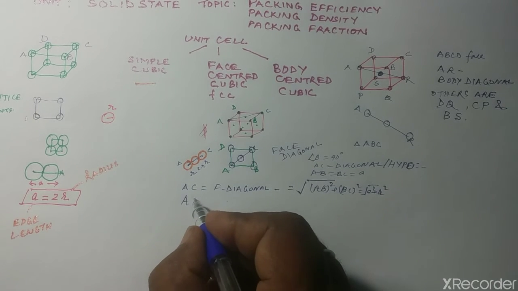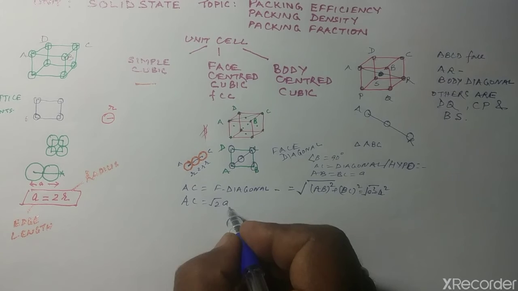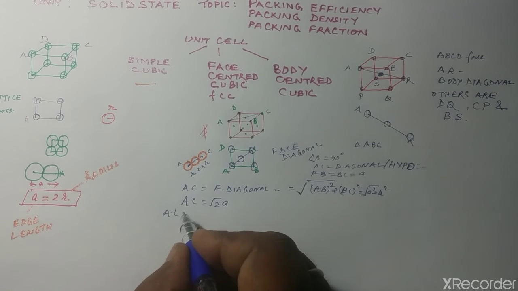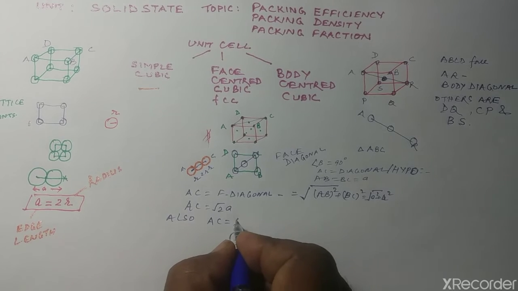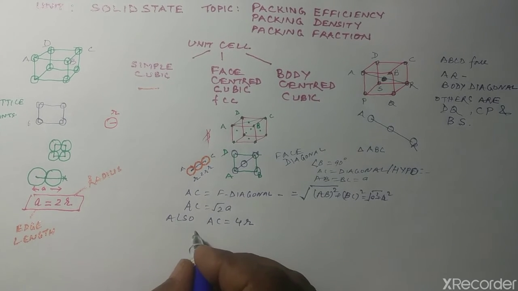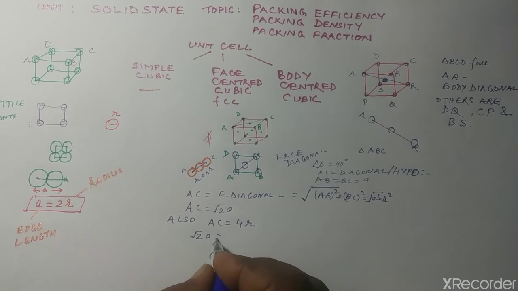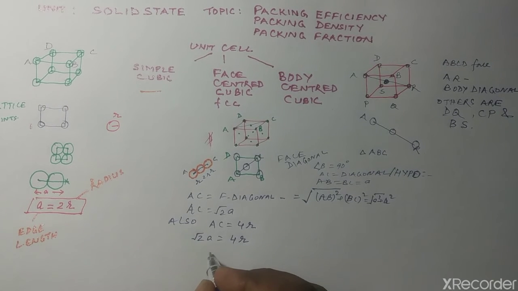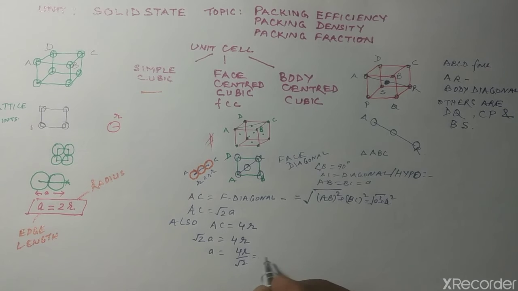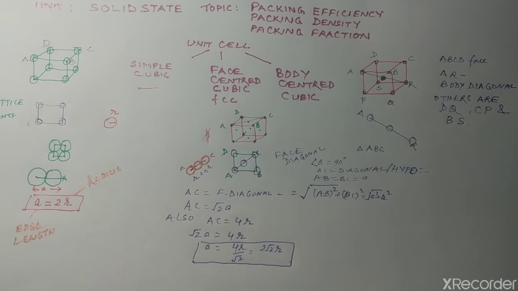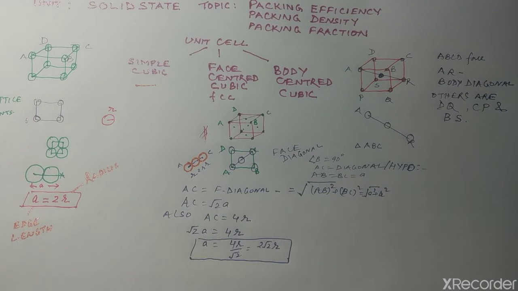That is AC is equal to root 2A. And also AC is equal to 4R. So root 2A is equal to 4R. So A is equal to 4R upon root 2, which is 2 root 2R. The relation between edge length and radius of atom in FCC is this.